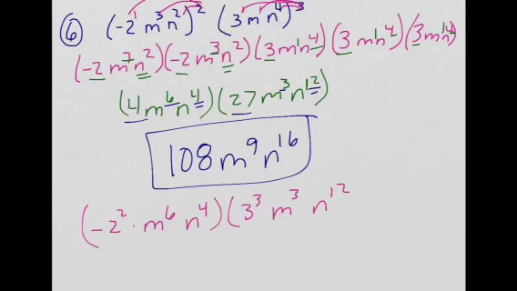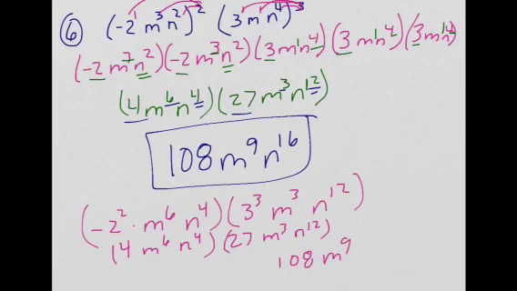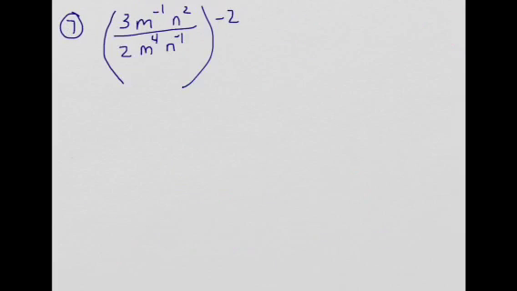So remember that when we're raising a power to a power, we multiply exponents. So now we're going to multiply. This is going to be 4m to the 6th n to the 4th. This is going to be 27m cubed n to the 12th. When we multiply that, we get 108 m to the 9th n to the 16th.